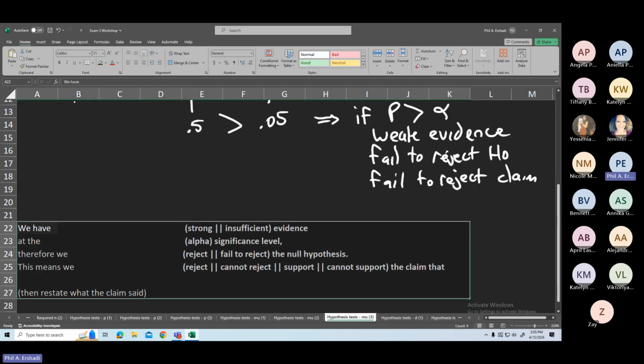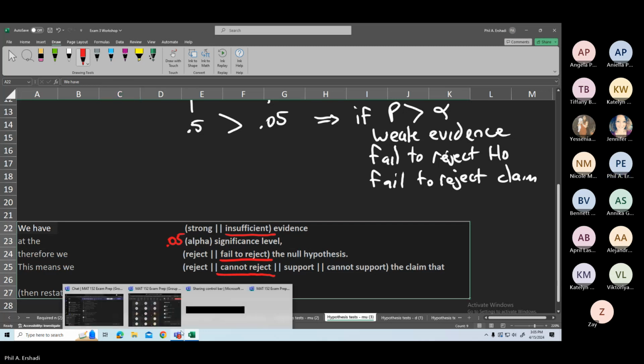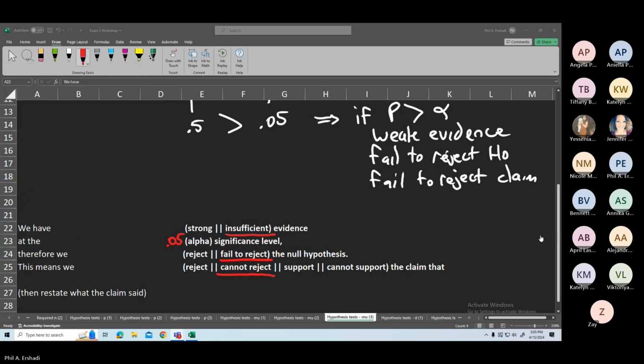Okay, so when we write this again, we're going to say that we have weak or insufficient evidence at the 0.05 significance level. We have failed to reject the null hypothesis, and that also means we can't reject the claim. Exactly right. We don't have sufficient evidence to reject the claim, right?